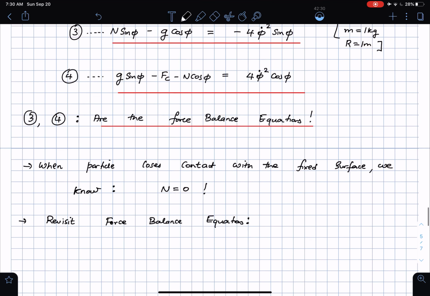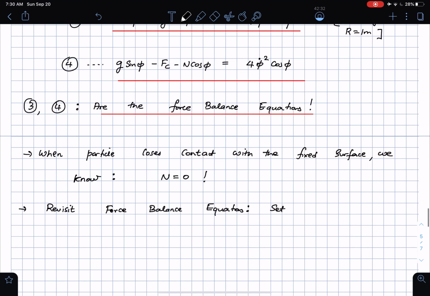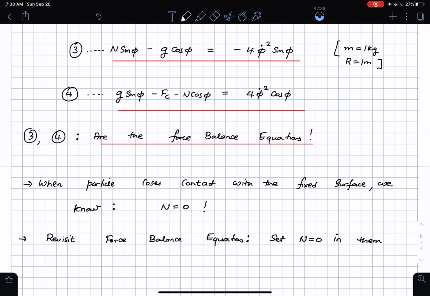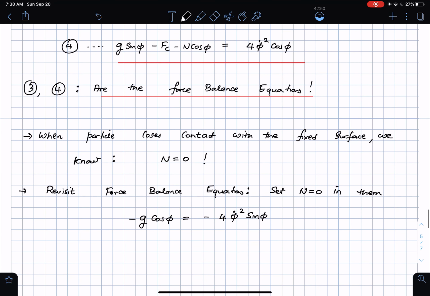So what are my force balance equations? Set n equal to 0 in them. If I look at equation 3, n is gone, so I'm going to have minus g cosine phi is equal to minus 4 phi dot square sine phi. This is from 3.